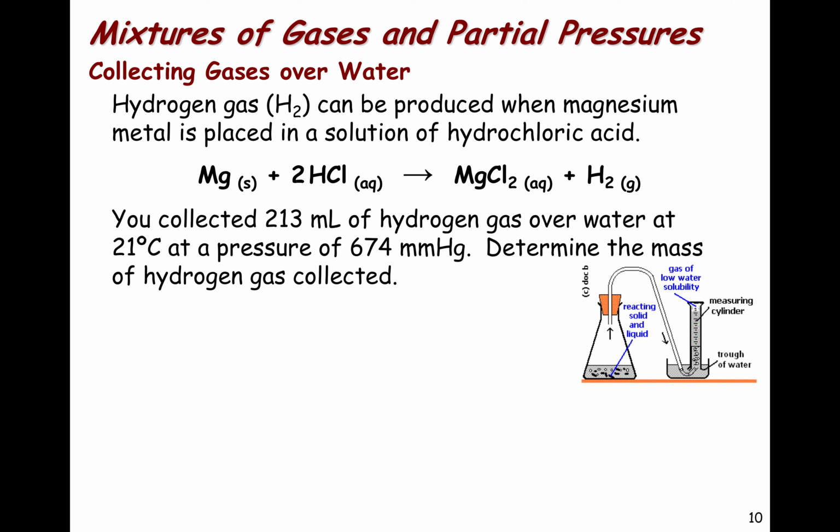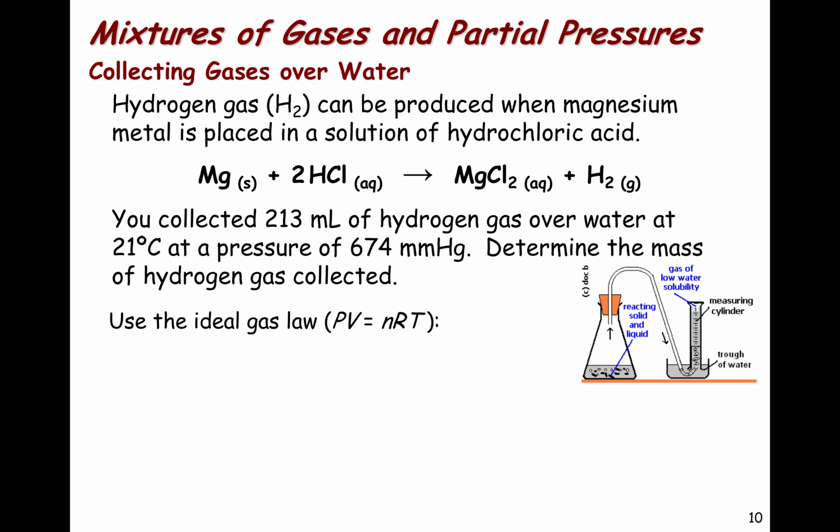In the case of the reaction where you have collected 213 milliliters of hydrogen gas over water, the crucial thing is that we are collecting it over water, and the temperature is 21 degrees Celsius and a pressure of 674 millimeters mercury, determine the mass of the hydrogen gas collected.